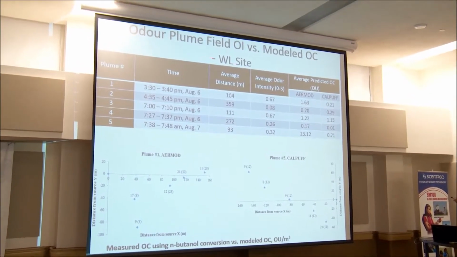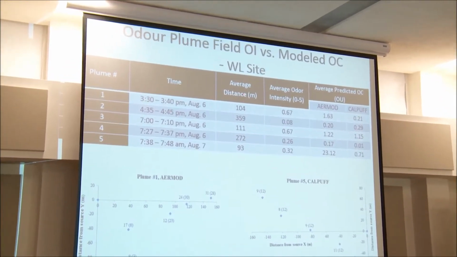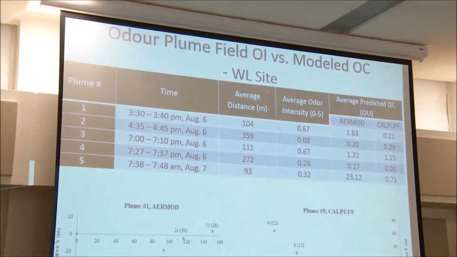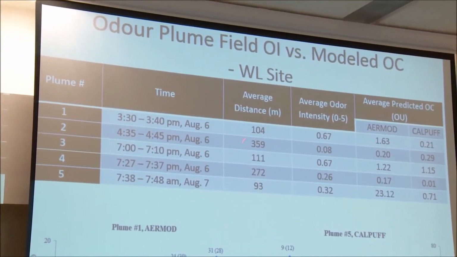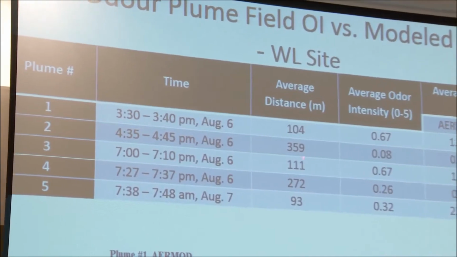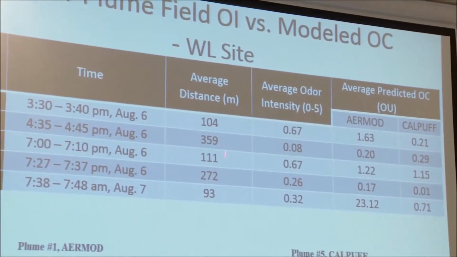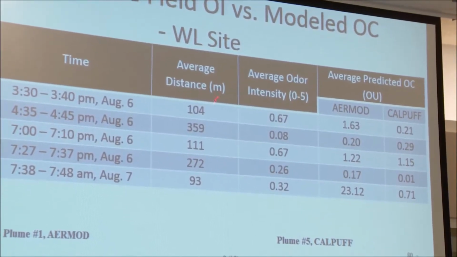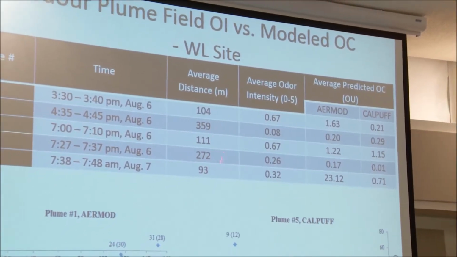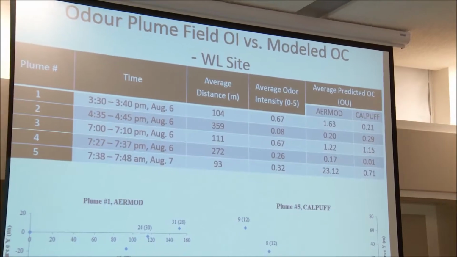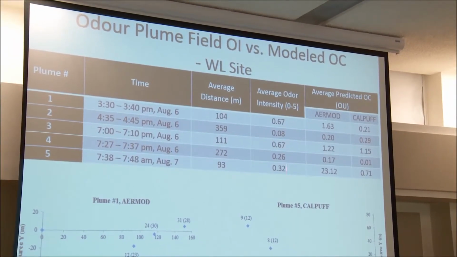And then this is odor plume field measurement. This is for the wastewater treatment site. And then we measured a total of 5 plumes, and the distance from anywhere from 50 meters to up to 400 something meters. This is the average distance of the plumes. And then you can see the average odor intensity measured is quite low.